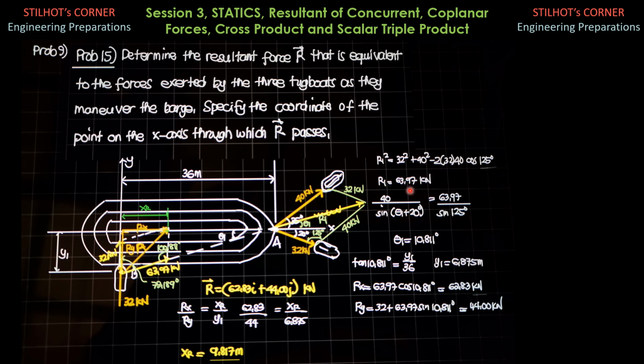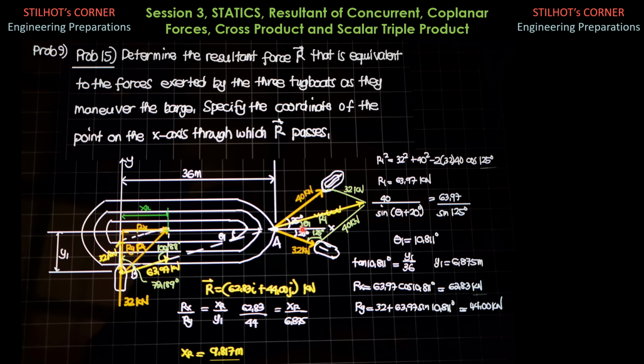So having found R1, we apply the law of sines in this lower triangle. So we have 40 over sine of quantity theta 1 plus 20 degrees equal to R1, which is 63.97 over sine of 125. Solving for theta 1 is 10.811 degrees.